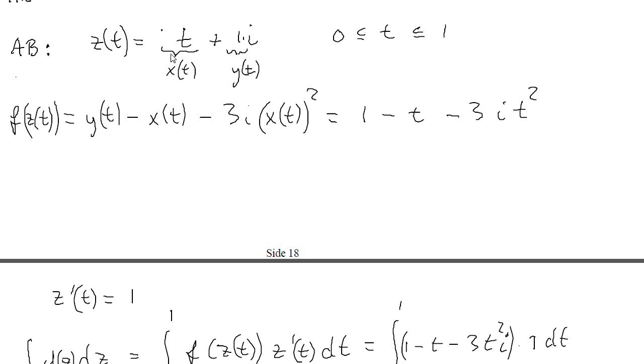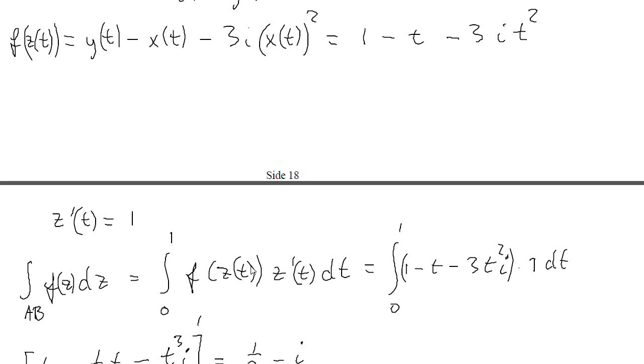Also, the derivative of x of t is just 1, and the derivative of y is just 0. So therefore the derivative of z is just 1. So we may substitute this into the general expression in our case.